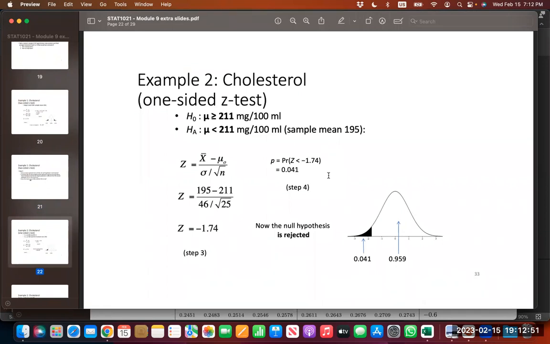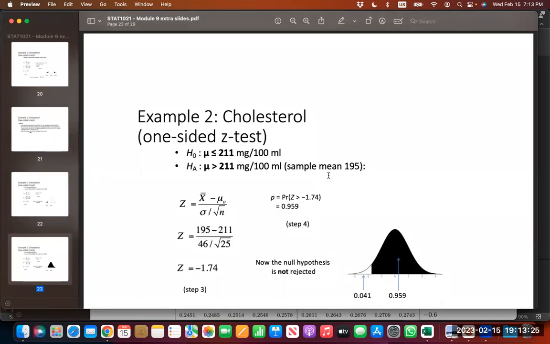That means I am only interested in that mean that is smaller than my 211. So I'm only going in that direction. Consequently, my p-value here is 4.1% or 0.041. Now I do not multiply it by 2 because I'm only interested in everything that's less than that. So now the null hypothesis is rejected.